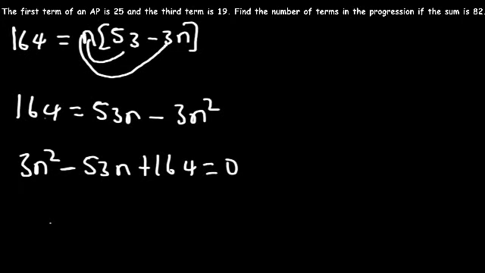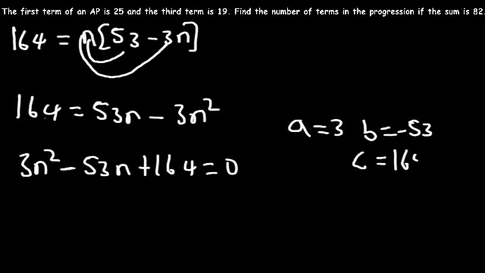So to get the value of n, I would like to use the quadratic formula so as to make our work easier and faster. The value of a is 3, the value of b is negative 53, and the value of c is 164.